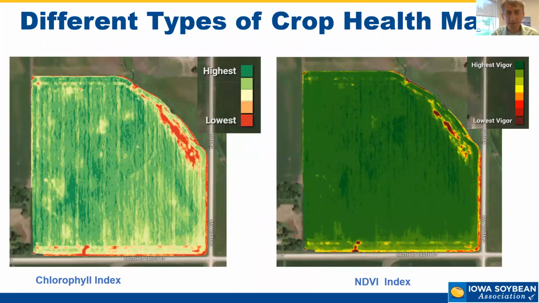There are a lot of different imagery sources and products. Most of them have a name, crop health maps. Here on the left is one of the recent additions, called chlorophyll index maps, and on the right is the more common NDVI index map, which indicates different stresses, potential productivity, and biomass.